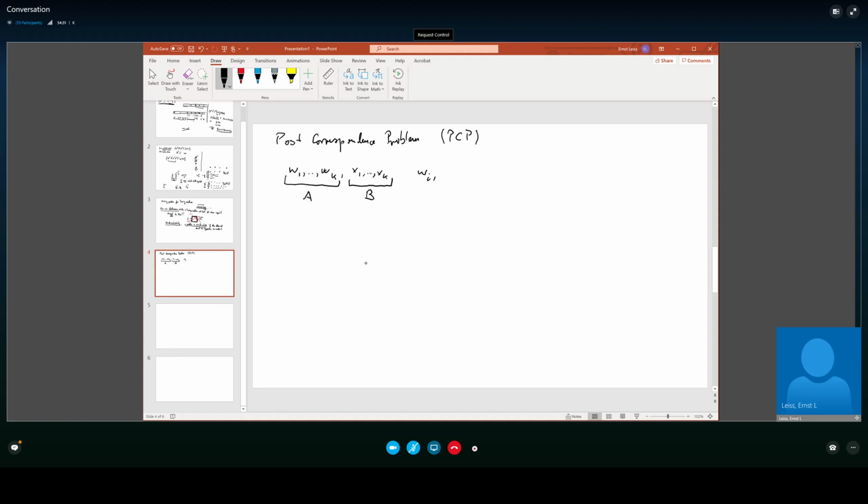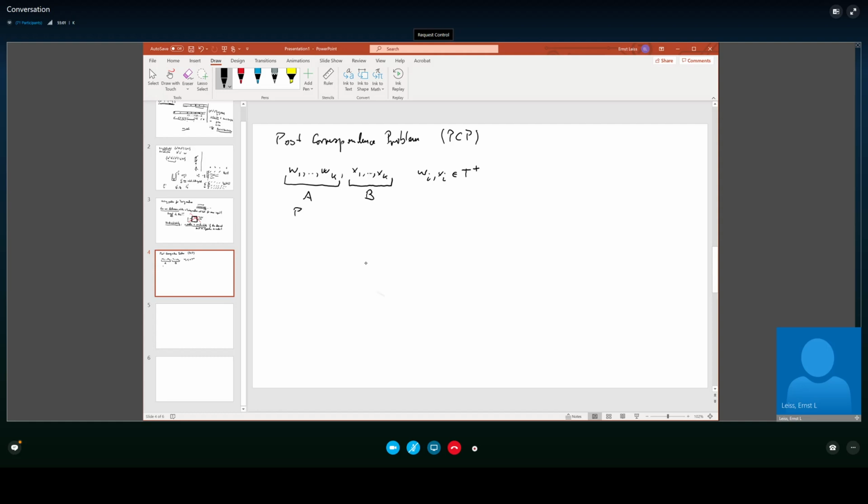So the WI's and the XI's are all from over a certain alphabet. We do not permit empty strings, so we stipulate that they be all at least of length 1. And so that's what we're given.